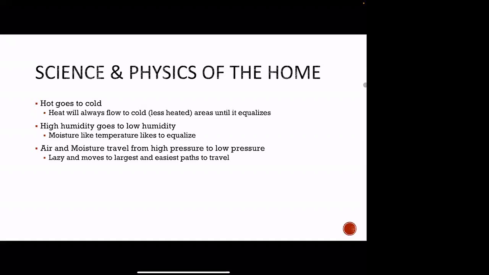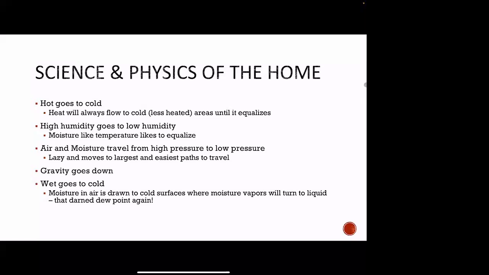Air and moisture travel from high pressure to low pressure. So it's lazy. It moves to the largest and easiest paths to travel. And that's how we can actually do quite a bit of testing and even our aeroseal process, as we use that high pressure to low pressure when we pressurize duct systems to actually seal them. And gravity goes down.